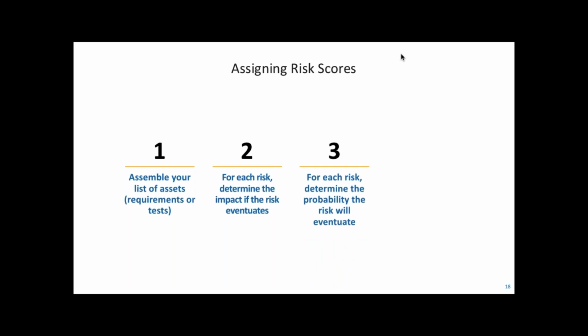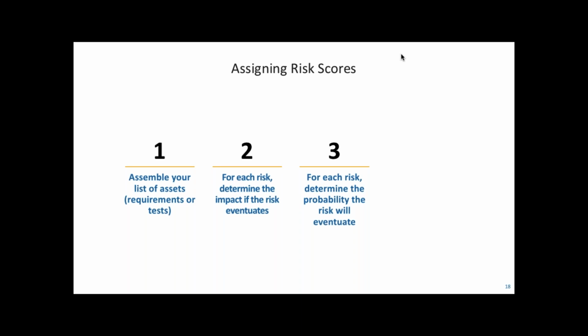And then for each, we're going to determine the probability the risk will occur. What's the likelihood? And a lot of different criteria based on that. If it's brand new technology, the probability is typically higher. If we've had numerous problems in the past with that functionality, if it has failed in production quite a bit previously, then the probability is higher.